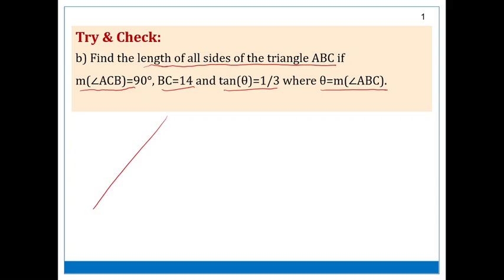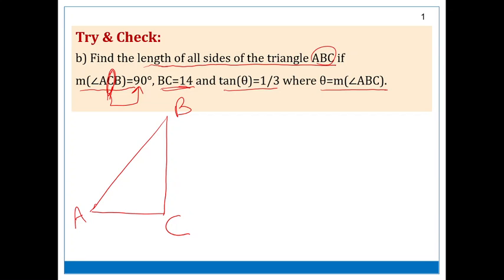Now let's set up the triangle, and let's try to put what is given about the ABC triangle. ACB is 90 degrees, so the C corner will be 90 degrees. So this will be C then. Then we can put A and B as we wish.